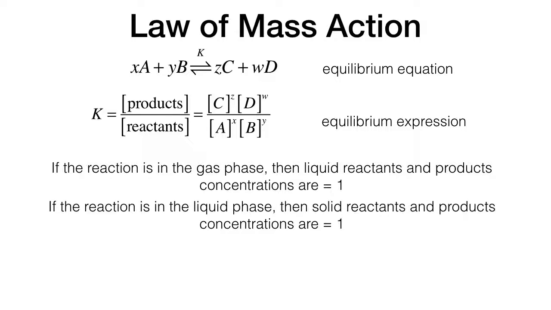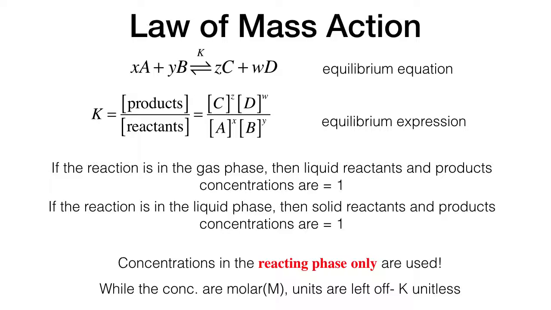If the reaction takes place in the liquid phase, i.e. solution, then the solid reactant and product concentrations are taken as 1. The take-home lesson is concentrations in the reacting phase only are used in the law of mass action.